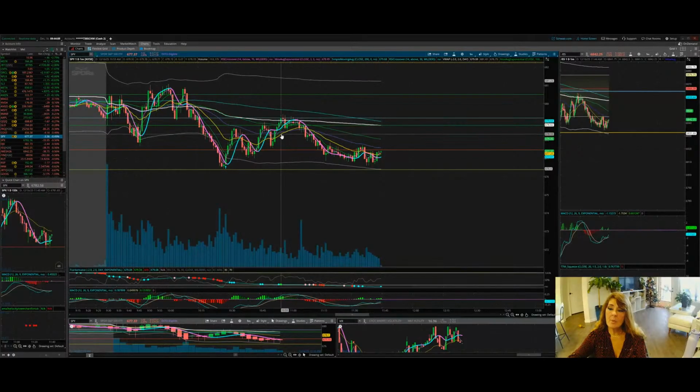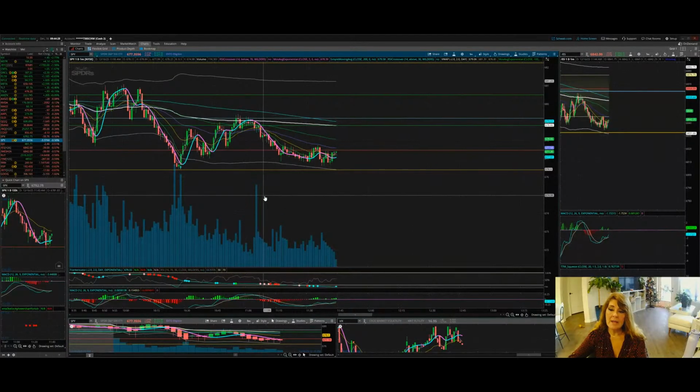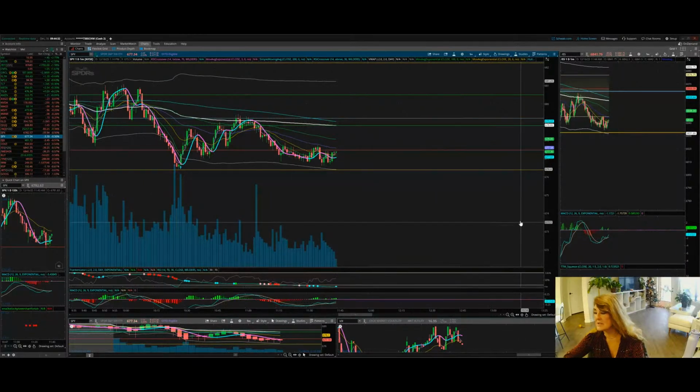So that's kind of what I'm looking for today, is a little bit more of this ranging behavior as the day goes on. Again, could we get some big sellers in there all of a sudden whooshing this thing down? Yes. Could we get some big buyers in there pushing it back up? Yes. But right now, looks to me like we're moving a bit sideways for the rest of the day.